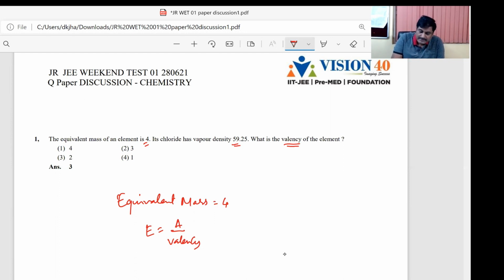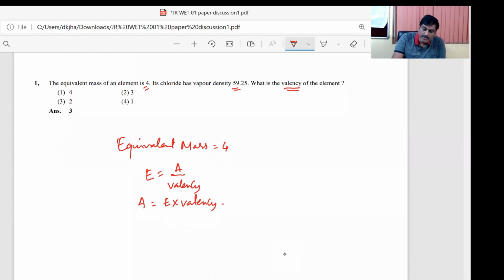And there is a relation here. Equivalent weight is atomic weight upon valency, so atomic weight is equal to E into valency. Now we find here its chloride has vapor density 59.25.